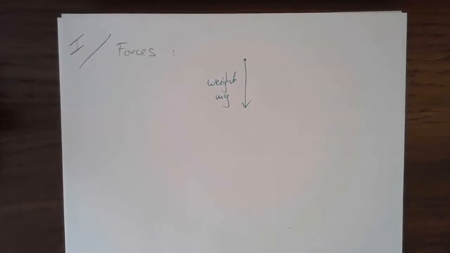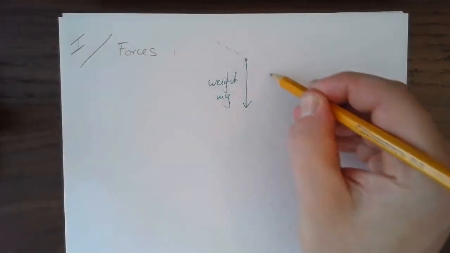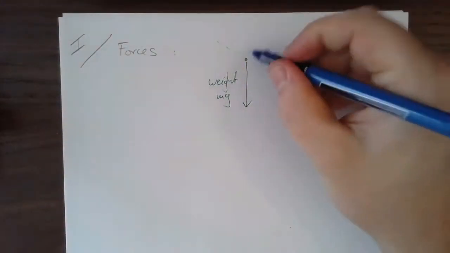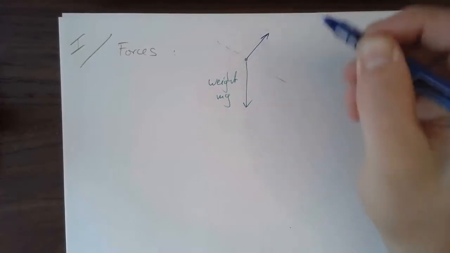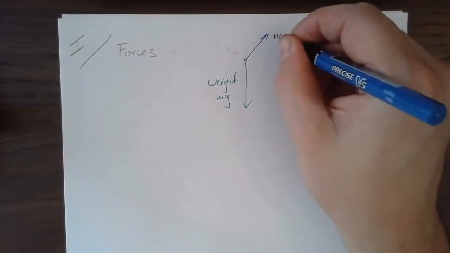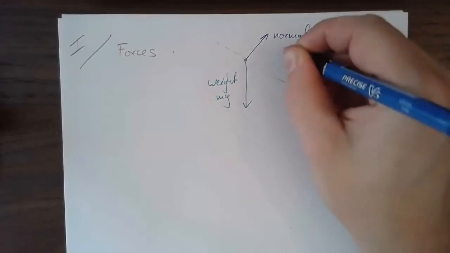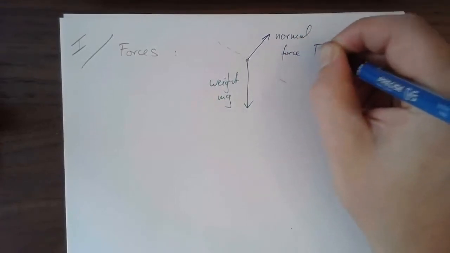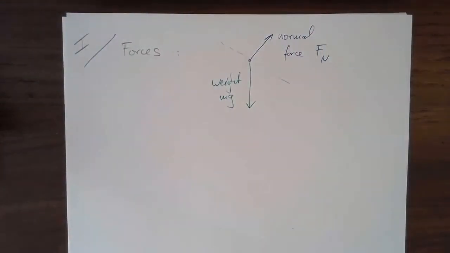Then there's a normal force, and if my hill is like this, the normal force acts in this direction here. Again, that should just be a review for you. I'm going to call this F subscript n for normal force. And now there is friction.